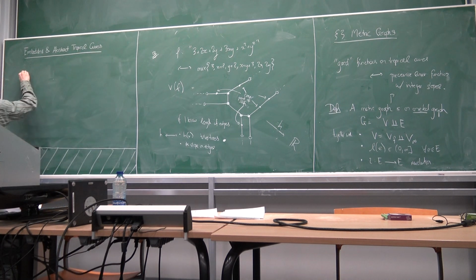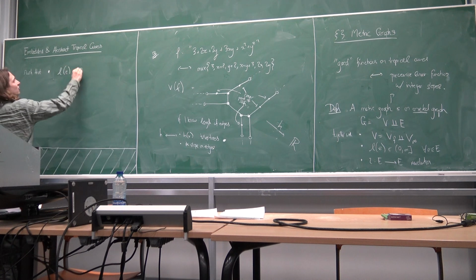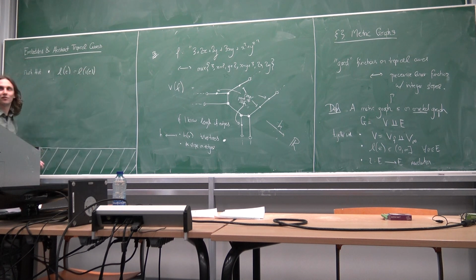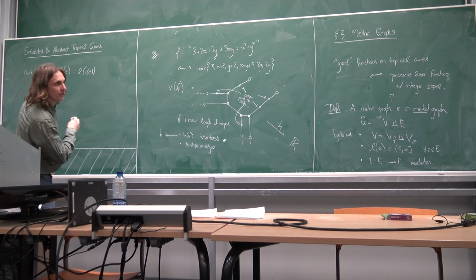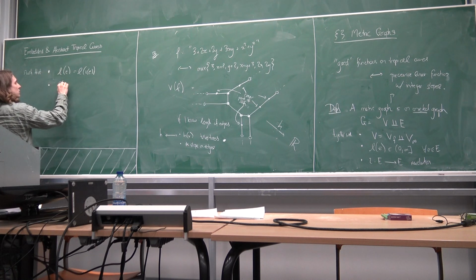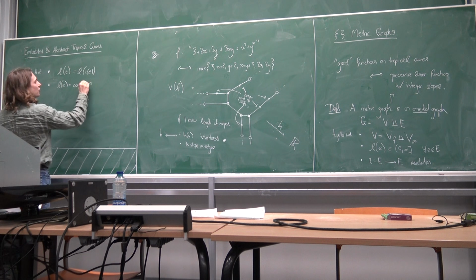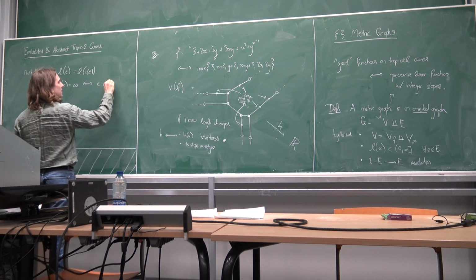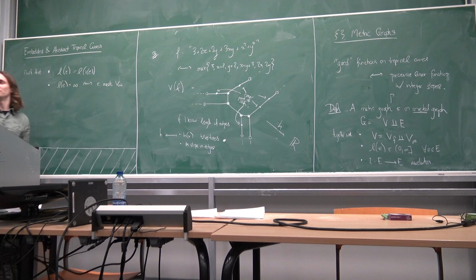Such that, first of all, the length of any edge is equal to the length of the oppositely oriented edge going in the other direction. Secondly, an edge has infinite length if and only if it meets an infinite vertex, so any edge between finite vertices has finite length.